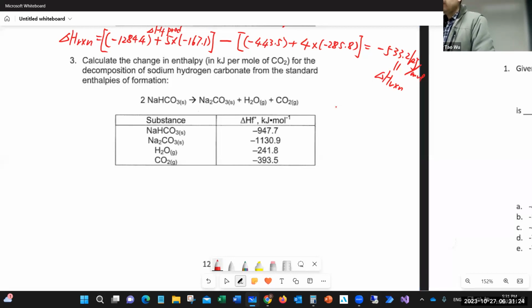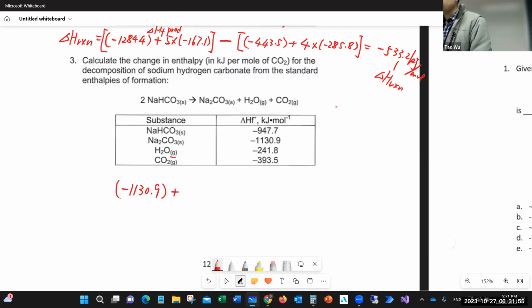Okay, so now looking at here, they already list everything over here. So 2 moles of sodium bicarbonate. We have the products minus the reactants. The product is negative 1130.9, and that is the sodium carbonate, plus the water gas.